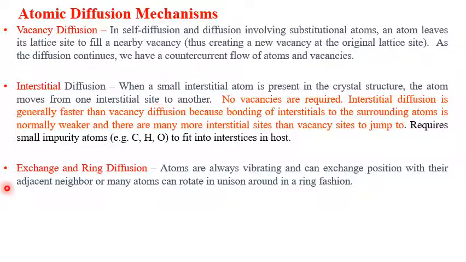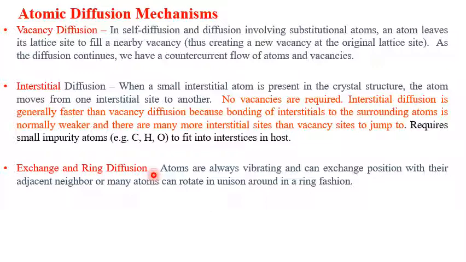The next one is exchange and ring diffusion, which is nothing but substitutional diffusion. As I said, if the parent and the foreign atom have equal or almost equal radii, where the difference is not more than 15%, then they can exchange. That is substitutional.